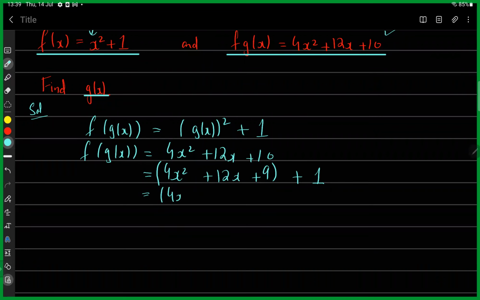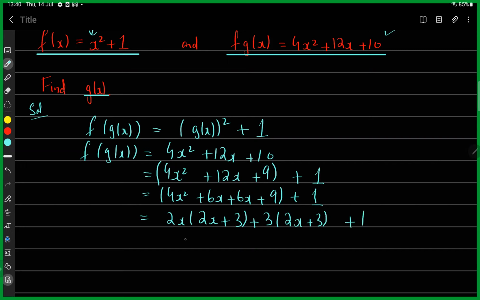4 into 9 is 36, and 6 plus 6 is 12, and 6 multiplied by 6 is 36. So this would be 4x squared plus 6x plus 6x plus 9 plus 1. I can take 2x common, and I would be left with 2x plus 3, and then I can take 3 common, and I would be left with 2x plus 3. This would give me 2x plus 3 whole squared plus 1.